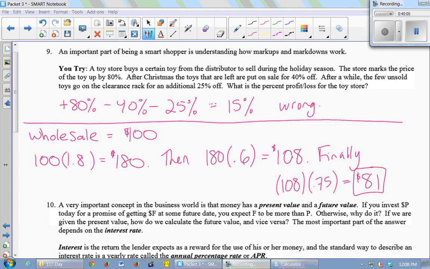What did they buy it for? $100. So are they making money or losing money? They're losing money on those final sales. What percentage are they losing? 19%.